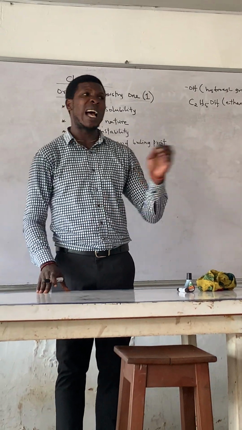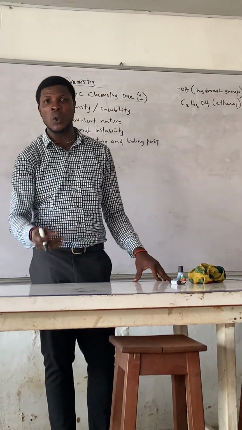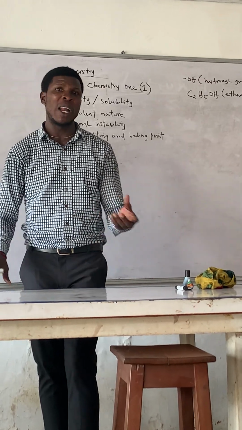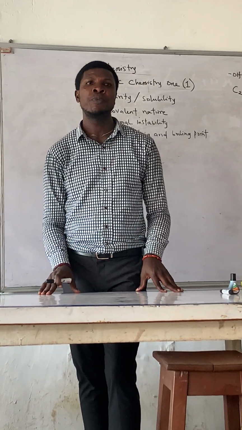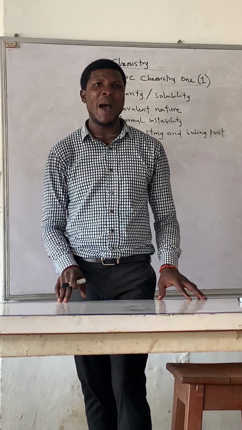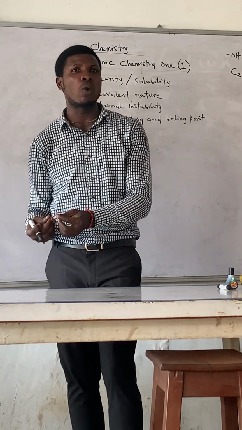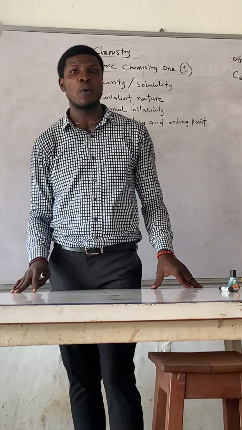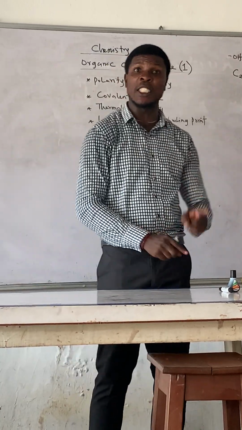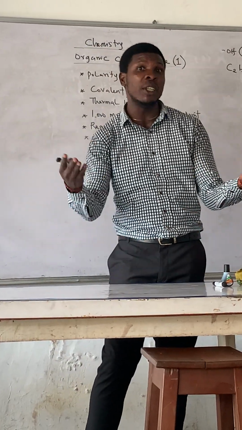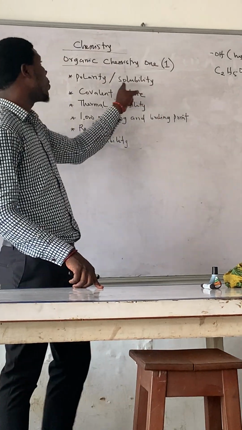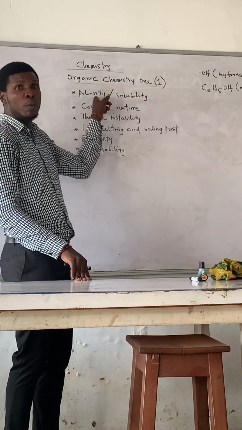Kerosene and petrol are non-polar, so they are miscible. But it is not possible to combine petrol and water. Why? Because water is a polar solvent, while petrol is a non-polar solvent. So they are immiscible. I think that clearly explains what we call polarity/solubility.